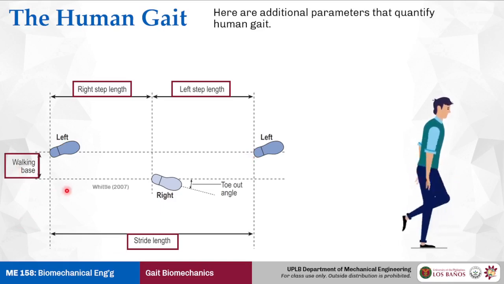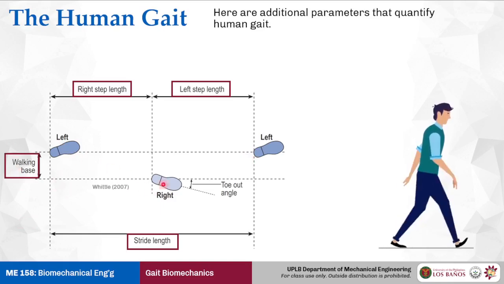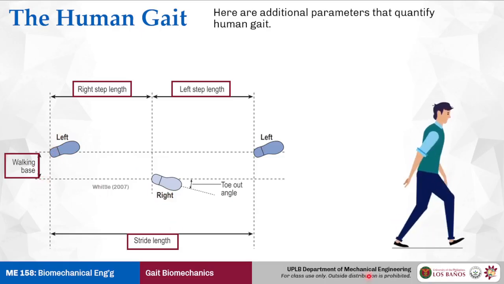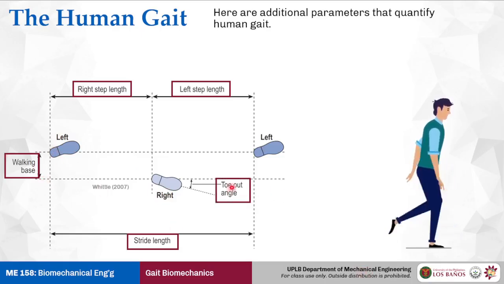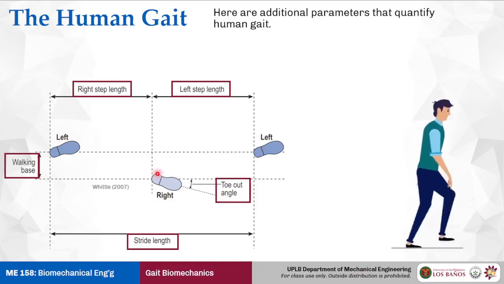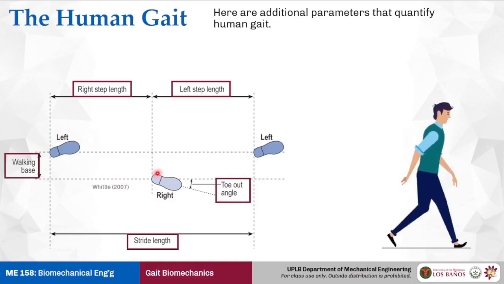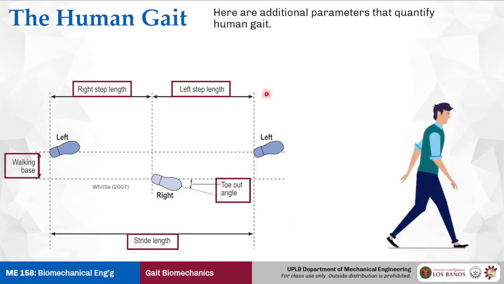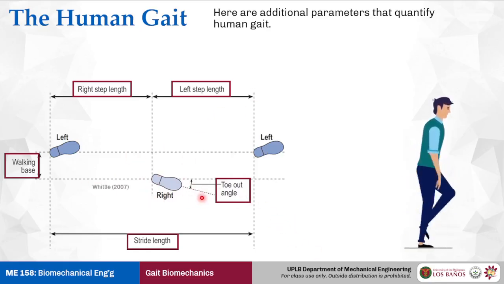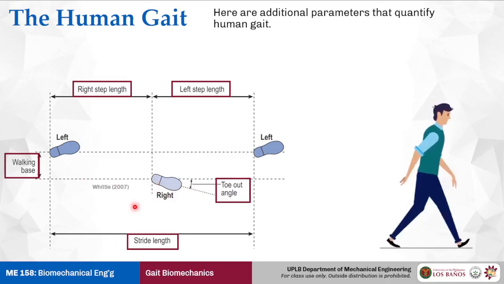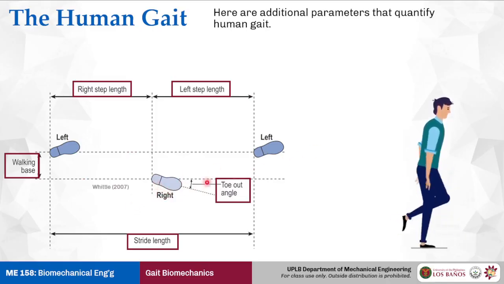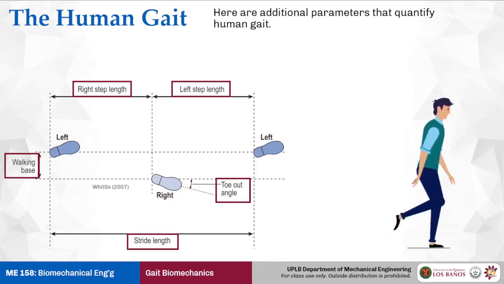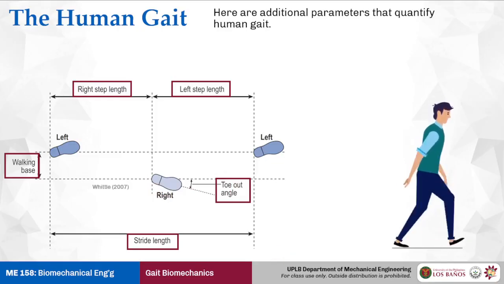Our feet are apart most of the time, and this is something that we should also quantify. Another one is your toe out angle. When you walk in general, your feet are pointing outwards, supposedly. I am not sure what the implications are if your foot is naturally pointing forward. Maybe you can ask your doctor about that.